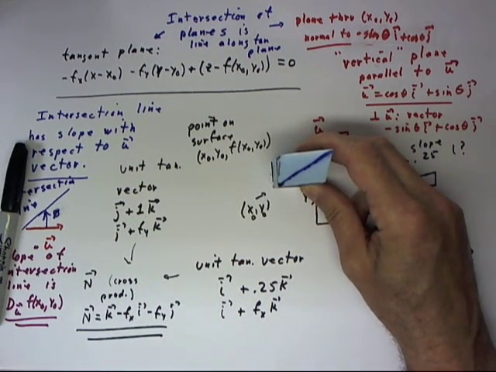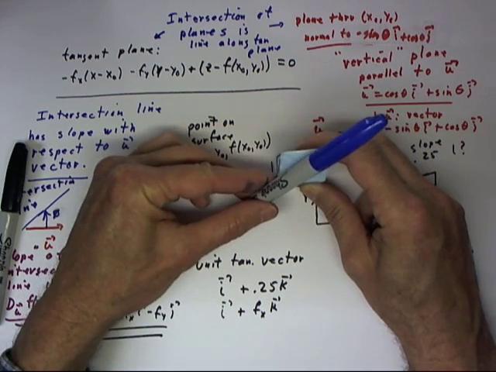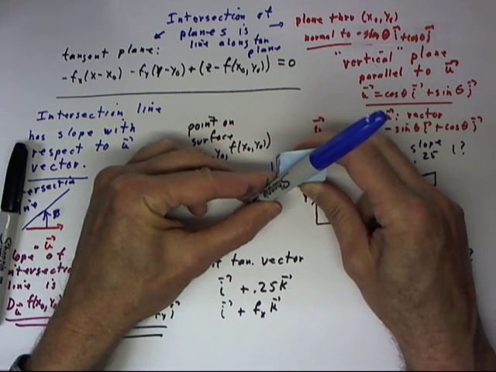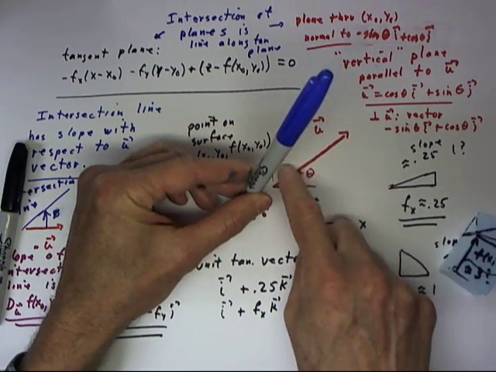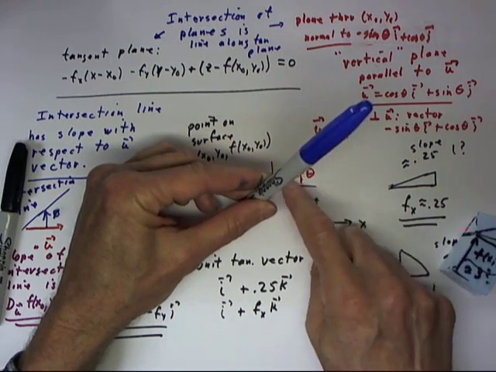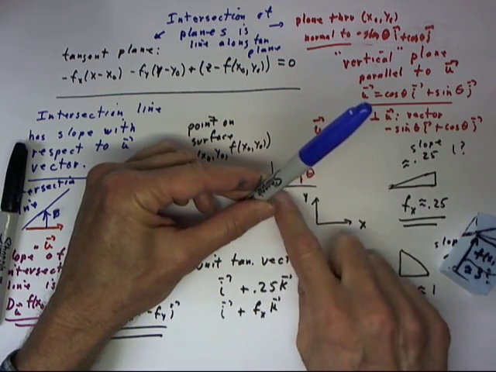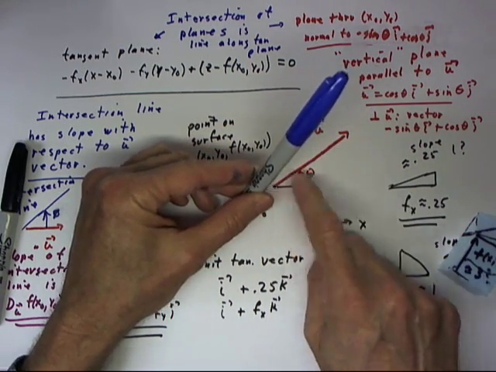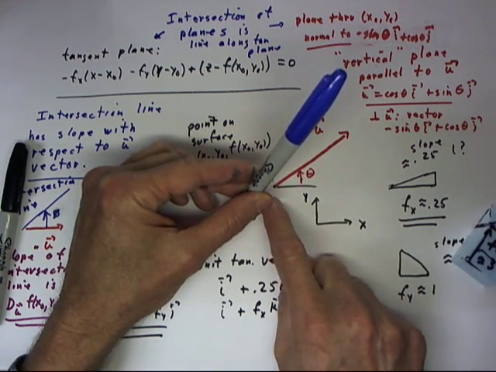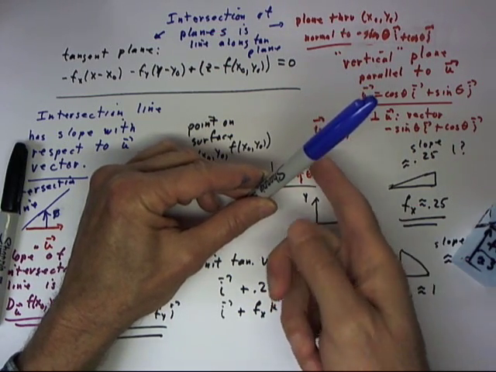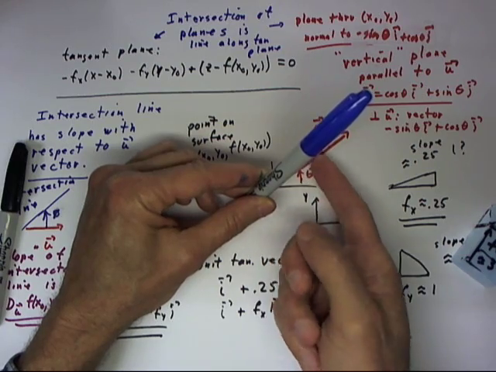Now that blue line has some slope with respect to the xy plane. It's parallel to the u vector. It's in the vertical plane that's defined by the u vector and the point x naught, y naught. And there's some angle between here and here.